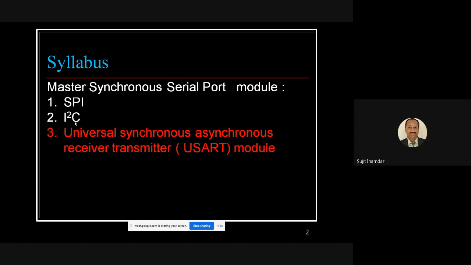Normally, or by default, the asynchronous module is used mostly. So that's why this S is skipped many times, and the explanation will be for UART, that is universal asynchronous receiver transmitter. Today we are going to focus on that.